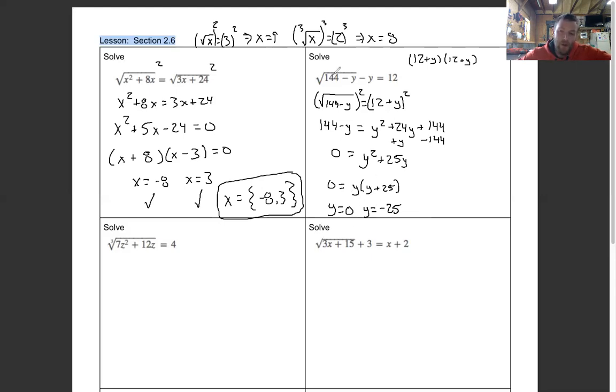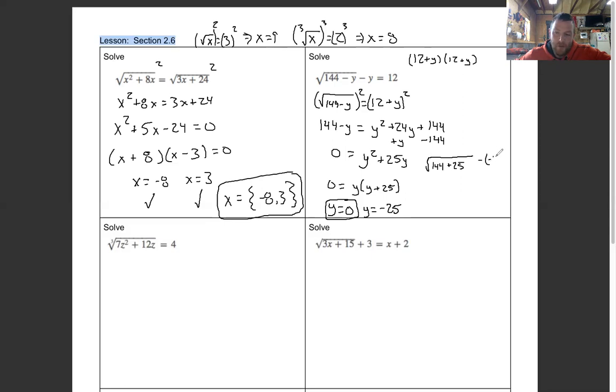If I plug 0 in, 144 minus 0 is 144. The square root of 144 is 12. And then 12 minus 0 is 12. So y is equal to 0 works. If I plug in negative 25, and I'm going to show you on this one, the square root of 144 minus negative 25 would be plus 25.